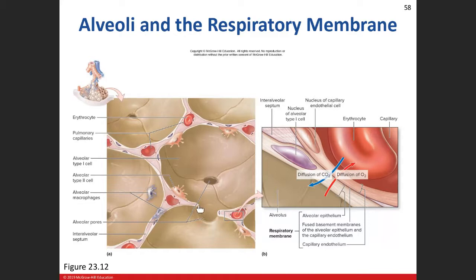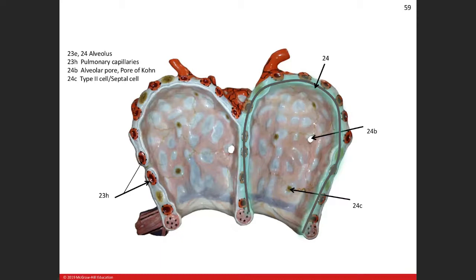And you see here is a pore of Kohn, or an alveolar pore. Here's another one. As you're breathing in, it allows air to flow in and across. If you have your atlas handy, we can look at one of our models here.